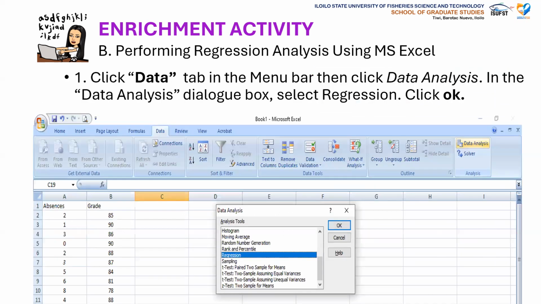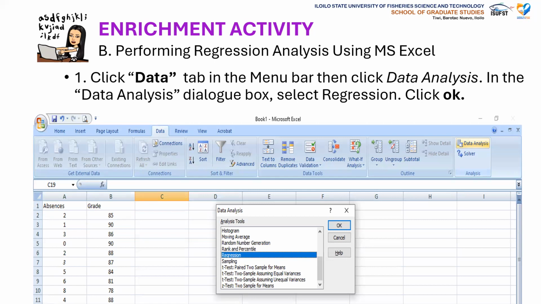So you click the data tab in the menu bar. So data here. After you click that, you can go to data analysis here at the far right. In my case, however, I was not able to get the screen because most likely I was not able to have the data analysis installed in my laptop.